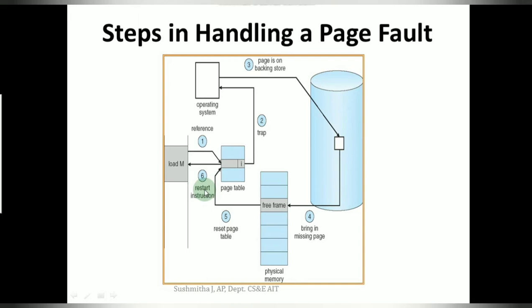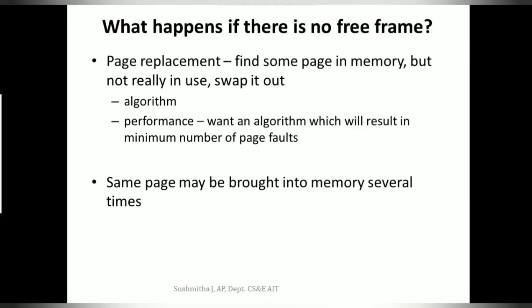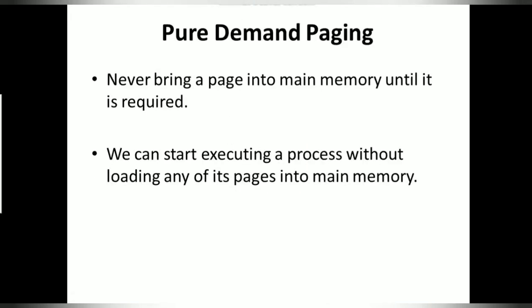Now there is another concept that we have, that is your pure demand paging. What is it about your pure demand paging? If there is a process, the process shall never be allocated the main memory at all. So once it starts the execution, it starts with faulting the page.